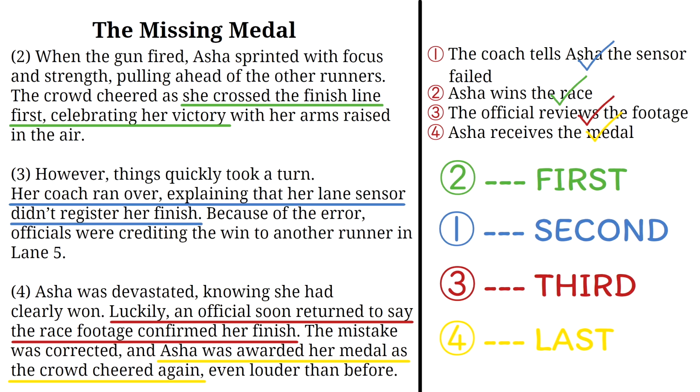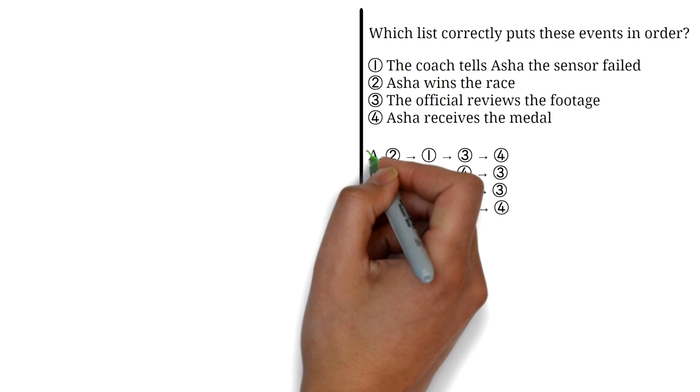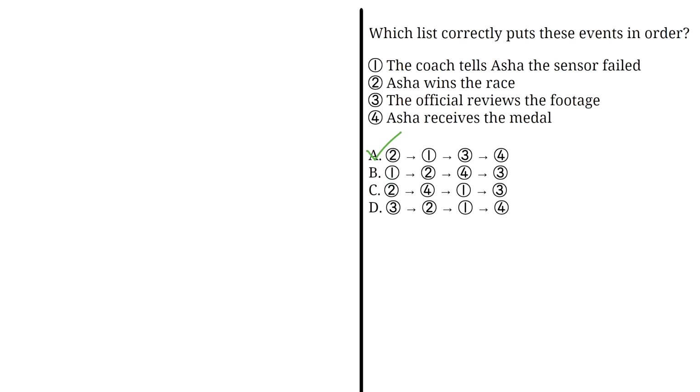Thus, we have now placed the list in the right order according to the passage, from the first major action to the last final result. The events are in the order 2, 1, 3, and 4. Thus, when we look through our answer options, the correct answer is therefore option A, 2, 1, 3, 4.